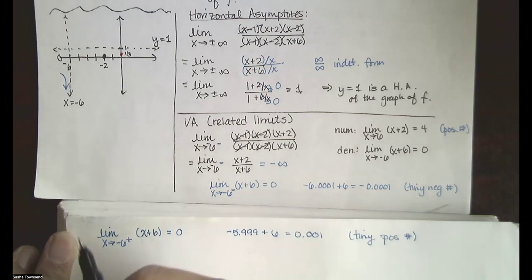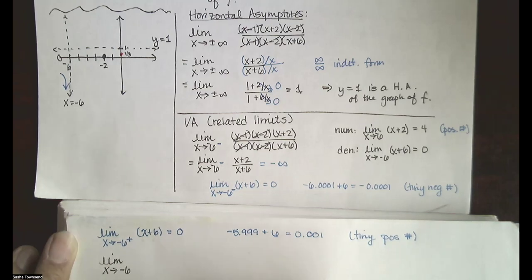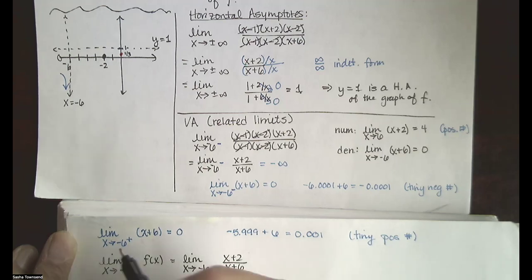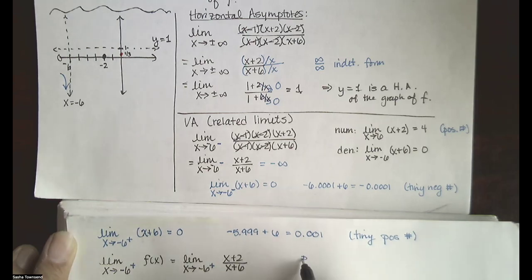So when we evaluate the limit as x approaches -6 in general of our function, and again, that reduces to x plus 2 over x plus 6, we're going to have different behavior on the left and the right. As we approach from the right-hand side, we've got a number divided by a tiny positive number.